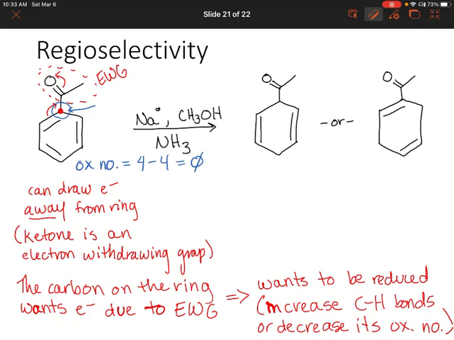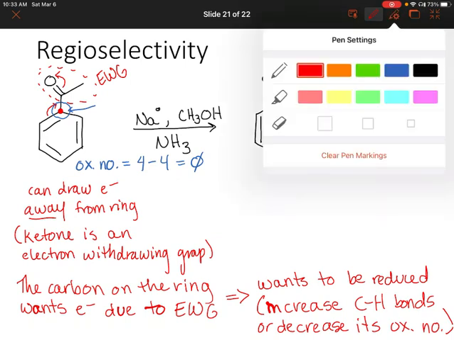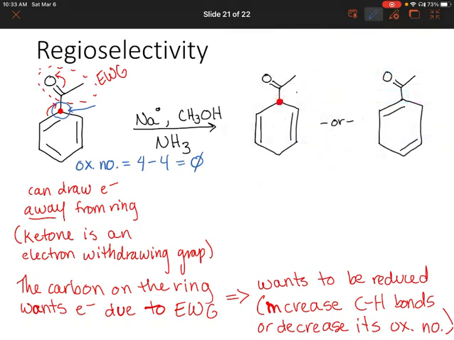Okay, so let's look at our potential products. Let's look at the first product, and let's again look at that same carbon atom. What is the oxidation number of that carbon?